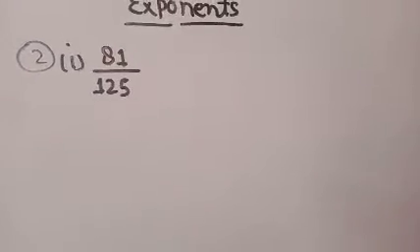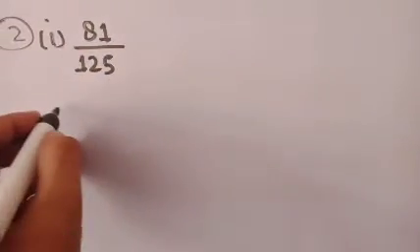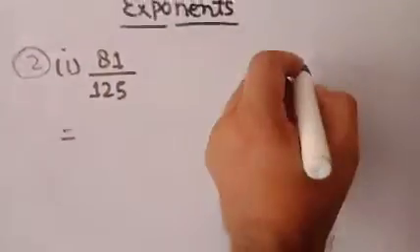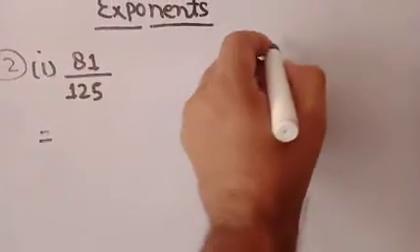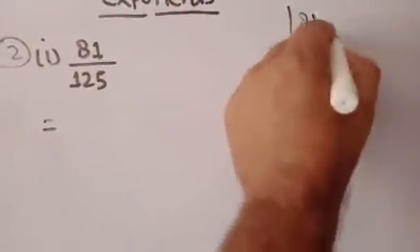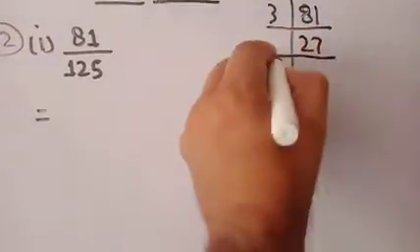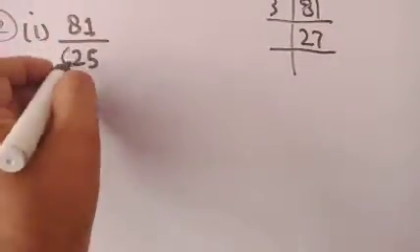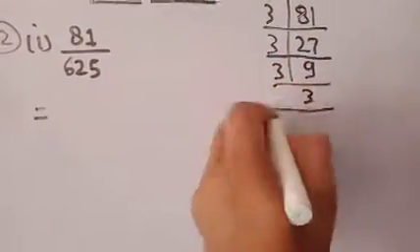Now the second question, student: write the power notation of 81 upon 125. In this question we have to find the prime factorization of the numerator and denominator. So the prime factors of 81: 3 27, 3 9, 3 3, 3 1.